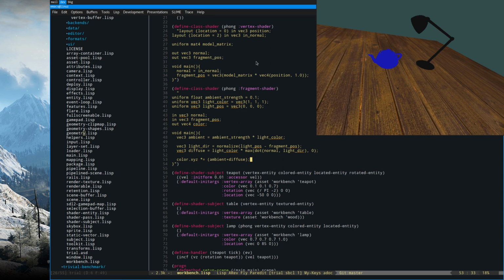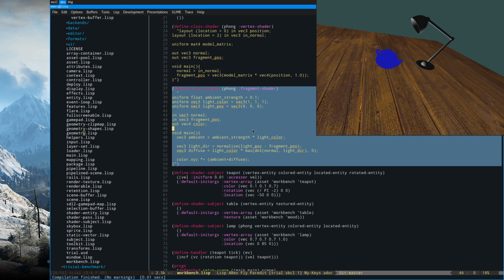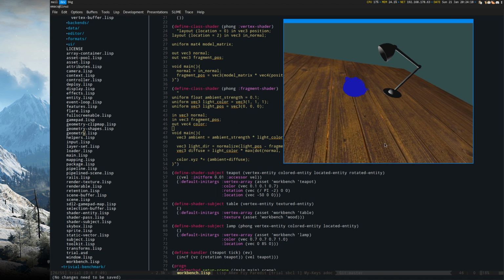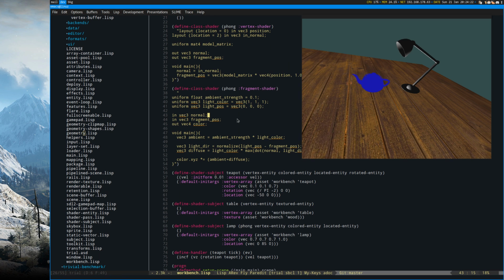Okay. That should already do it, I believe. Hey, there you go. Got shading. Sweet. Aha, on the fly recompilation! This makes me giddy.